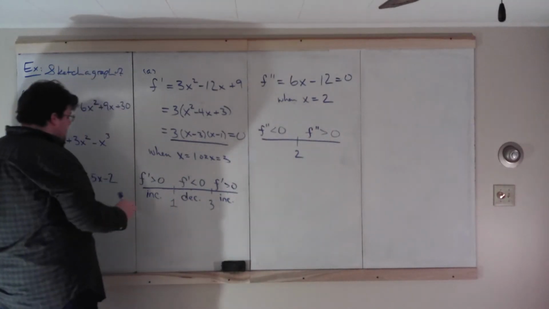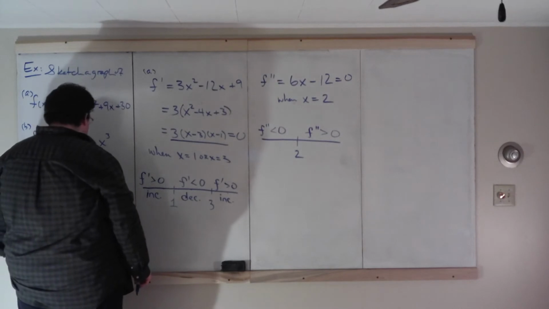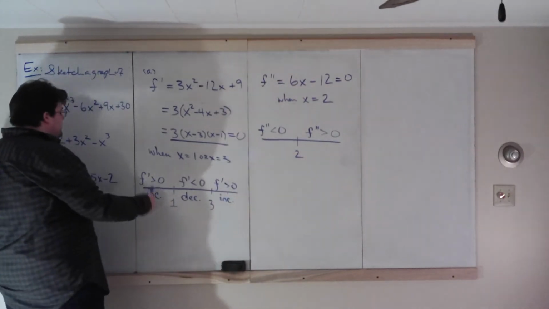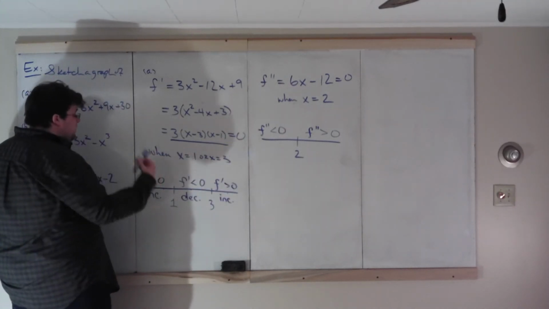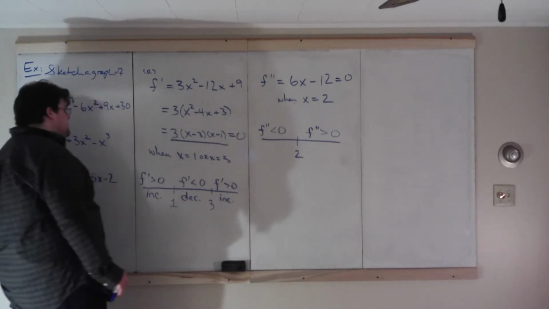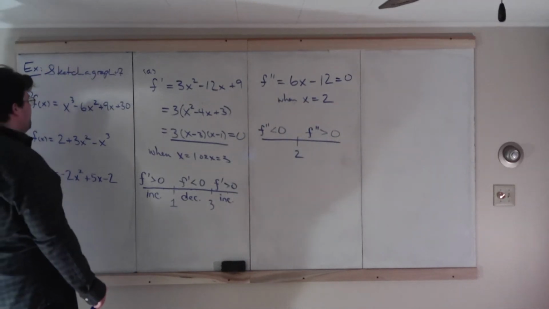So actually down here, I could have said f is increasing. Maybe I should have. Not too many letters. The first derivative tells us information about the original function. It allows us to conclude the original function is increasing, or the original function is decreasing.